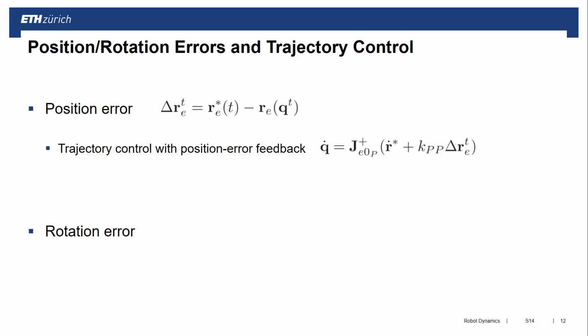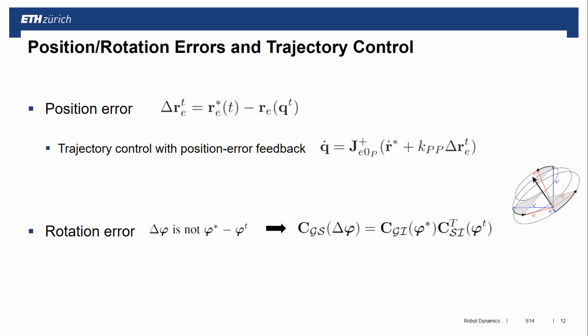Same we did for rotations. What we said here is that this delta is not the subtraction, but what we have to look at is the error rotation to rotate frame A to frame B. And I get this rotation matrix. If I have this rotation matrix, I can then convert it into my delta phi.